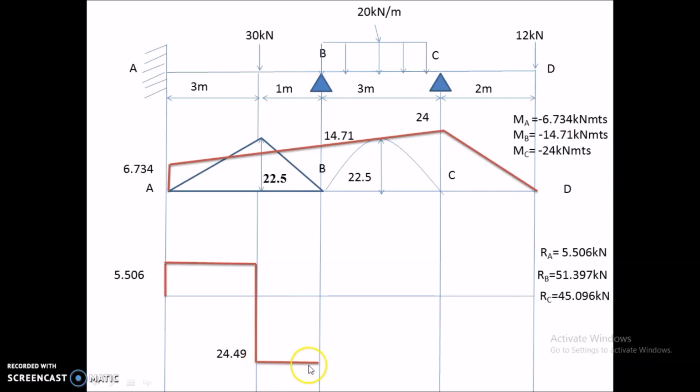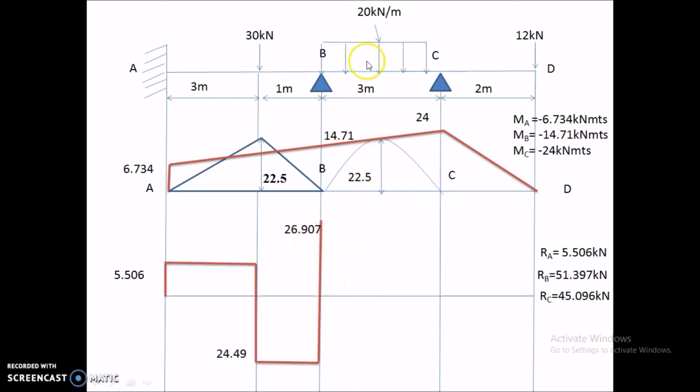So join it straight. Now from here this 24.49 is added with this RB value. Since this RB is acting in this direction, the RB value is 51.397. So minus 24.49 plus 51.397 gives me a value of 26.907. Marked it and I have joined it with a straight line.